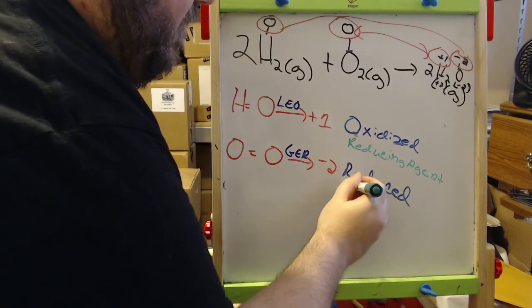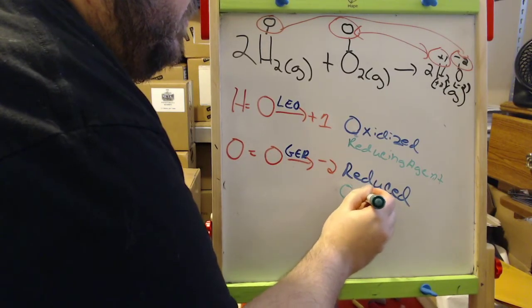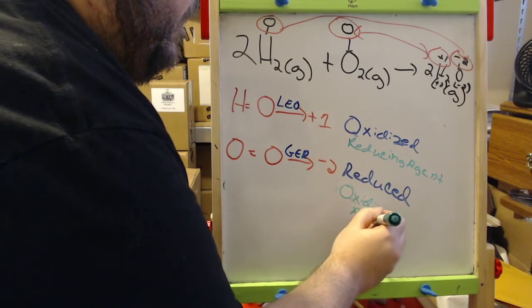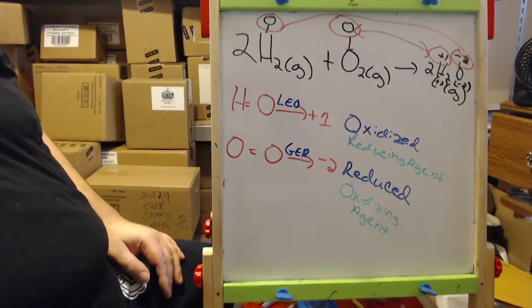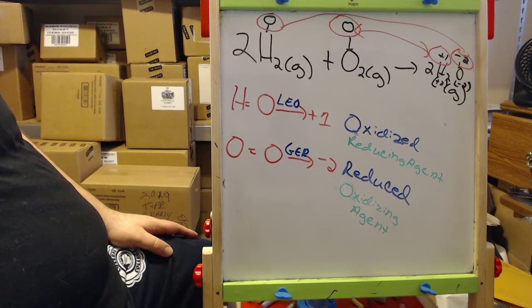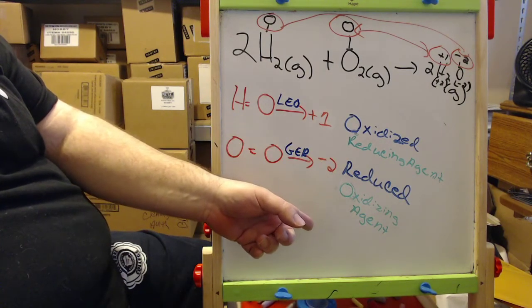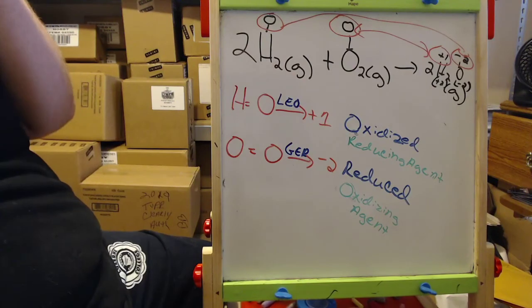And whatever's being reduced is the oxidizing agent. I'm being reduced. How am I being reduced? I'm gaining electrons. So what am I doing to hydrogen when I rip them off? I'm oxidizing it. That's why I'm the oxidizing agent.